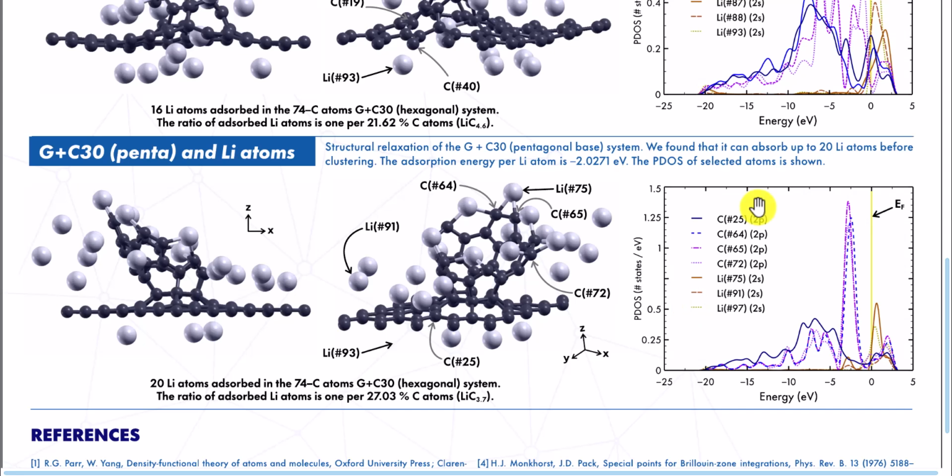And finally, we have here the density of states plot. So this is a very good ratio of absorbed lithium atoms per carbon atoms, as we can see here. And this could be used for either storage or sensor applications.